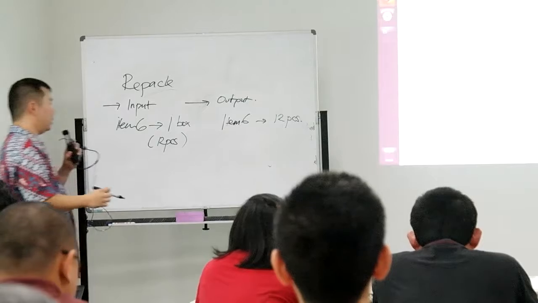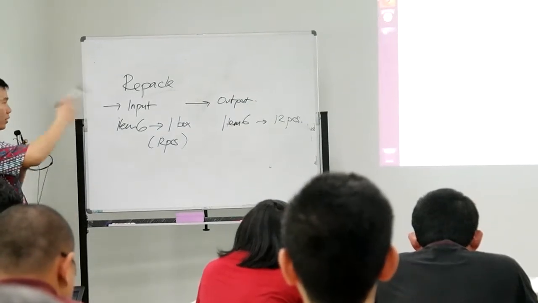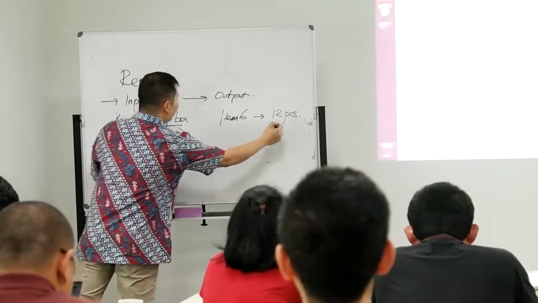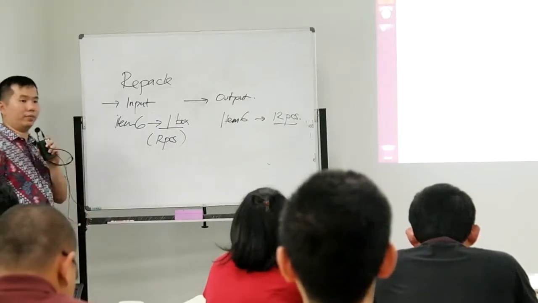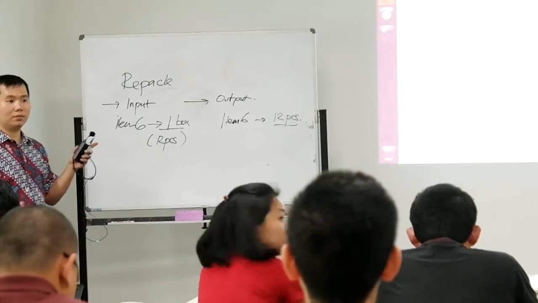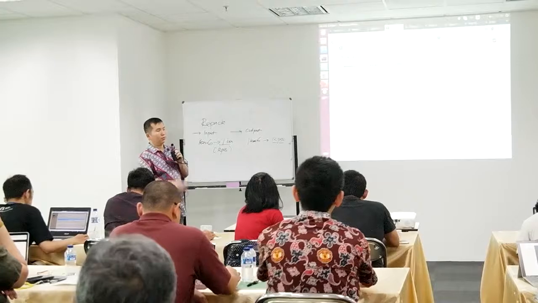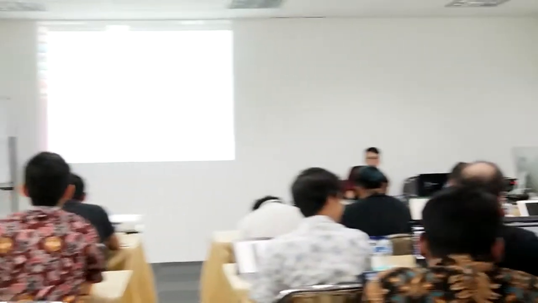So the repack function converts the item from this UOM to the other UOM. I think we should have a separate item for the box and for the individual. So you convert item box into item.